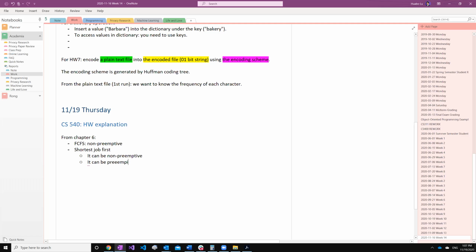It can be preemptive. And of course, when we are dealing with a preemptive algorithm, that is the one I showed in class. What is the name we use to describe that algorithm? It is called shortest remaining time first.